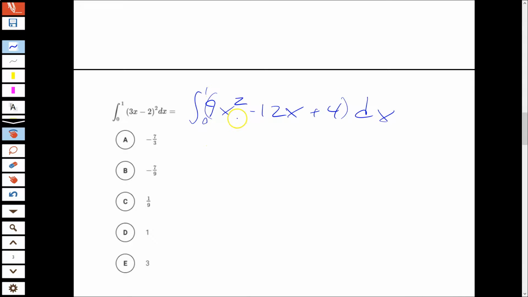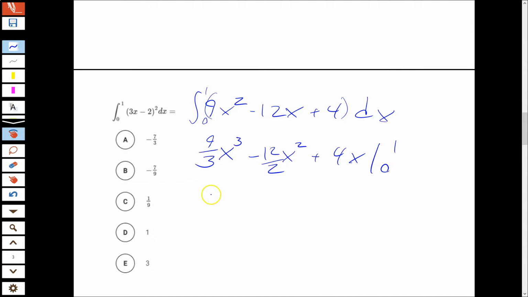And then we are going to use the reverse power rule, right? So 9 over 3, and I can simplify this a bit later if I want, right? Minus x squared and then 12 over 2, because this will give me a 12 when I multiply those to take the derivatives, plus 4x. And I'm evaluating that from 0 to 1.